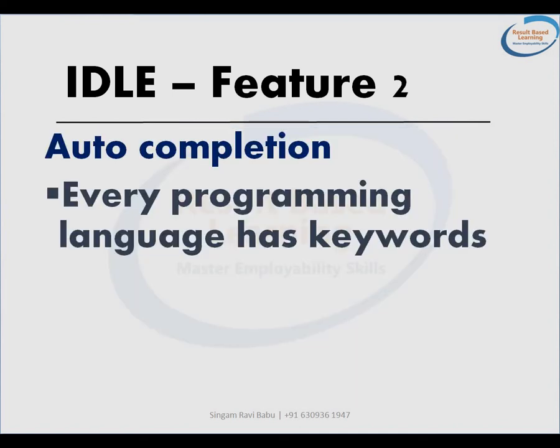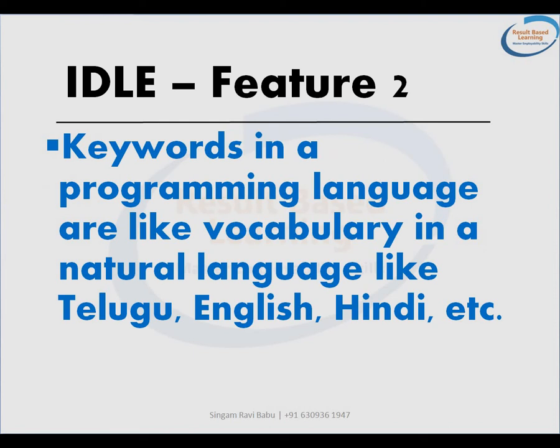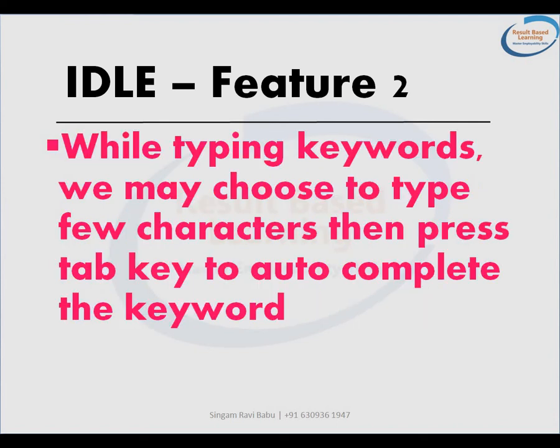Second feature is auto-completion. Every programming language has keywords. Keywords in a programming language are like vocabulary in a natural language like Telugu, Hindi, English, etc. While typing keywords, we may choose to type a few characters, then press the tab key to auto-complete the keyword.